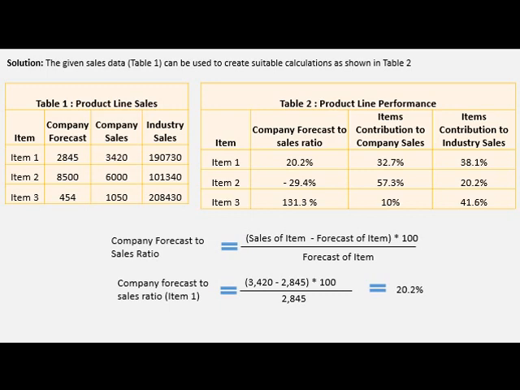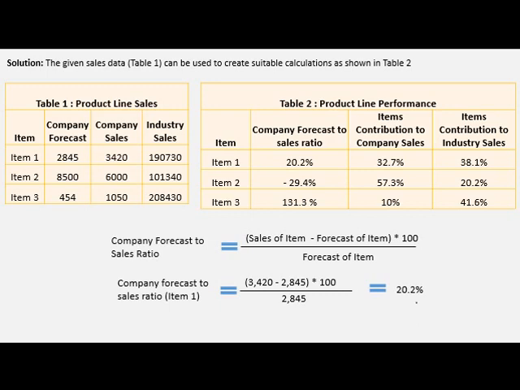For item 1, this can be obtained by 3,420 minus 2,845 multiplied by 100 and divided by 2,845, which results in 20.2%. Similarly, for item 2, it is negative 29.4%. For item 3, it is 131.3%.